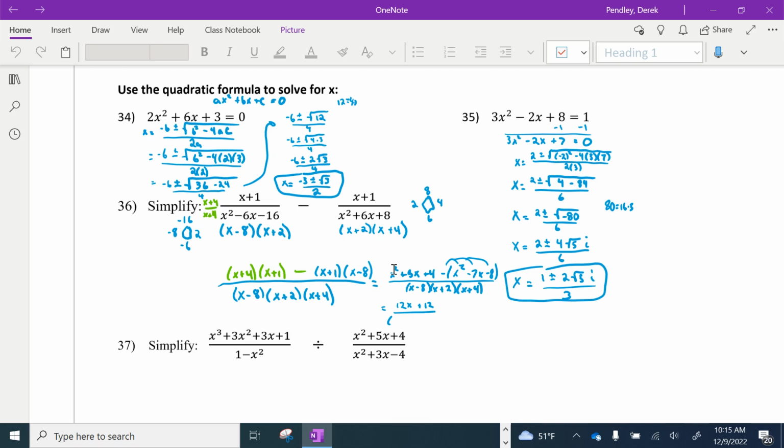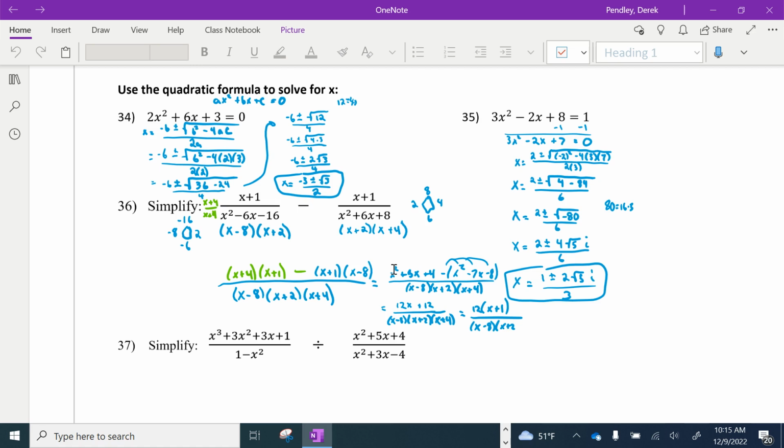If I factor out a 12, I get 12 times x plus 1 over x minus 8 times x plus 2 times x plus 4, where x cannot equal 8, negative 2, and negative 4.